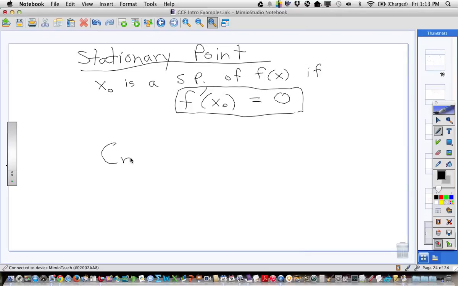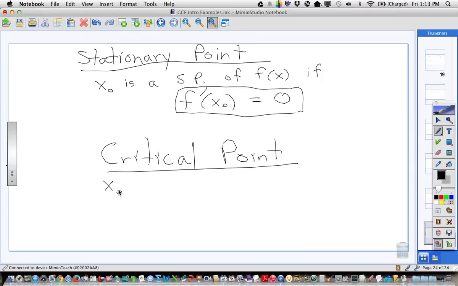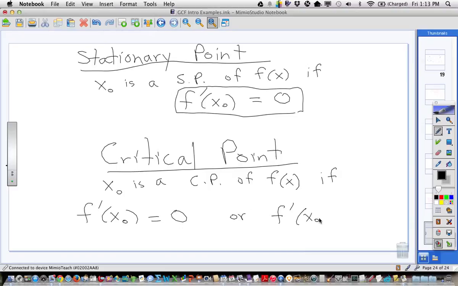All right, here's another term for you. Critical point. X sub 0 is a critical point of f of x if f prime of x sub 0 equals 0 or f prime of x sub 0 is undefined.